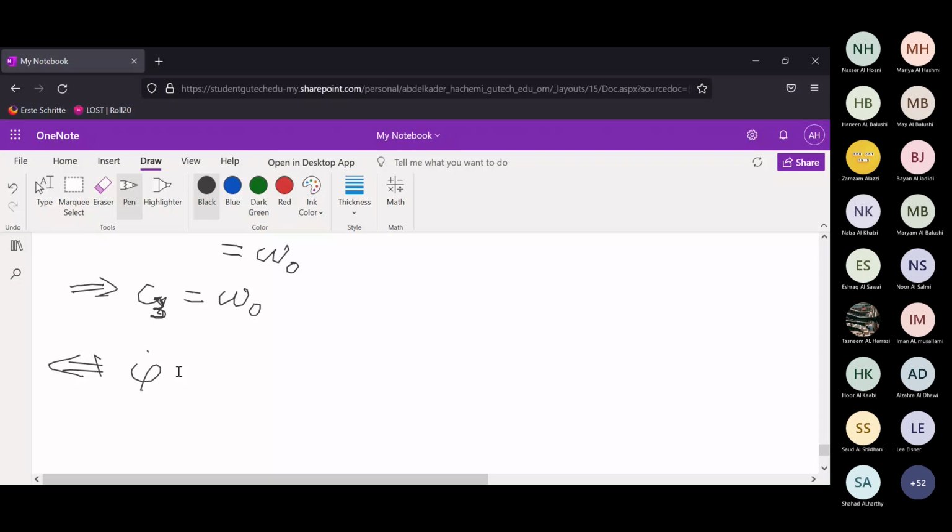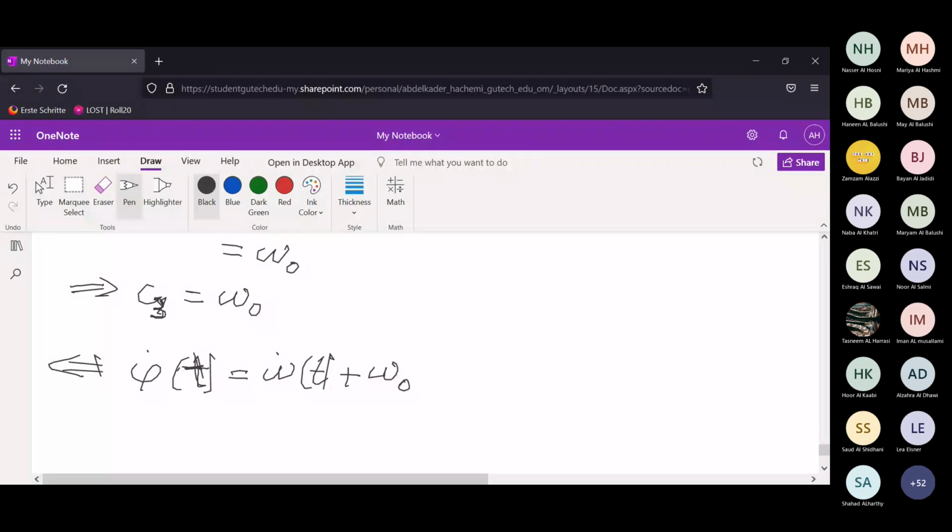This is equal to omega dot at time t plus omega 0.